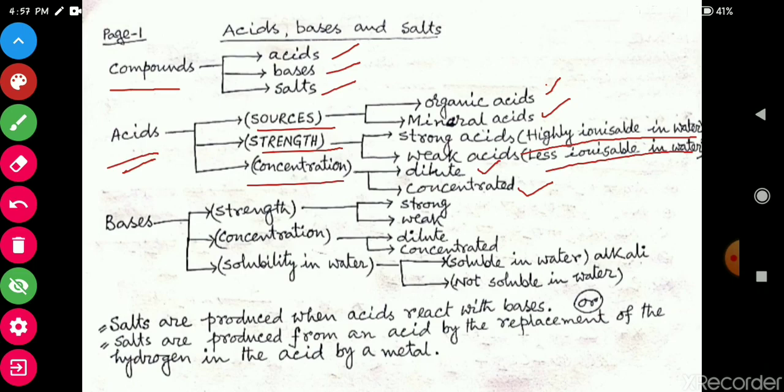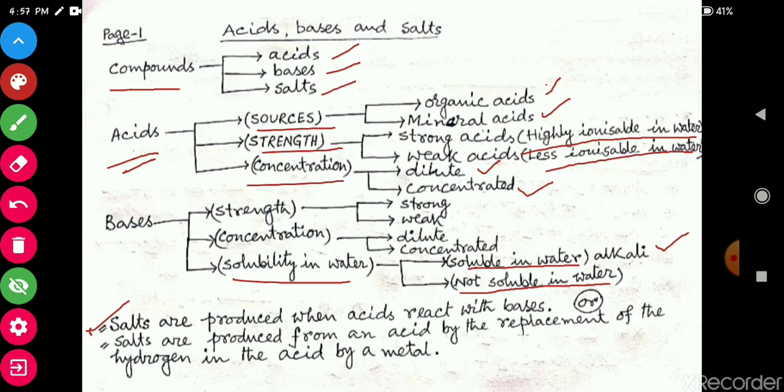Bases can also be divided on the basis of solubility in water. The water soluble bases are called alkali and others are simply bases. So, all alkalis are bases, but all bases are not alkalis.